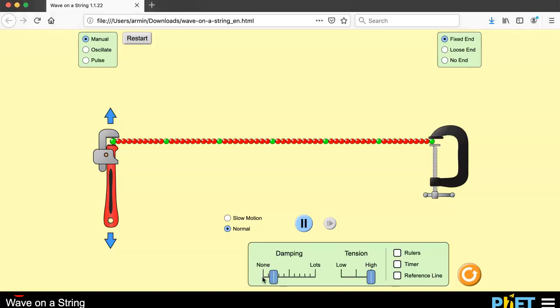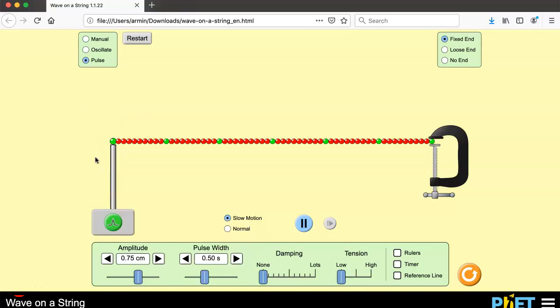So let's look at a simulation of this, again using the same simulation we used before. Let's look at slow motion. Previously we played with this pulse: we moved one end up and down, generated a pulse and stopped, and the pulse moves away from your source.